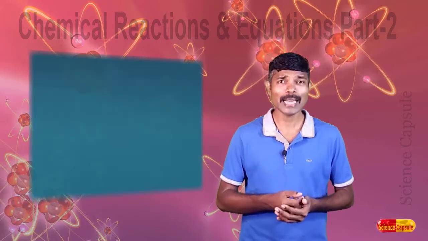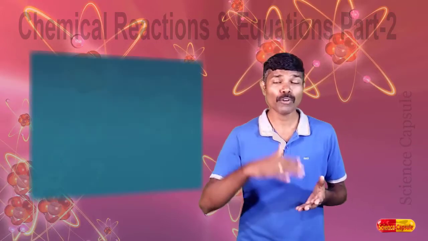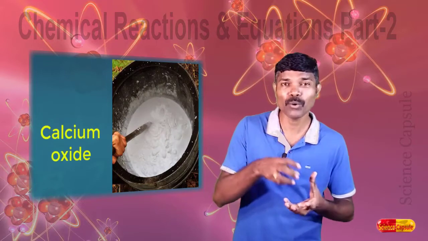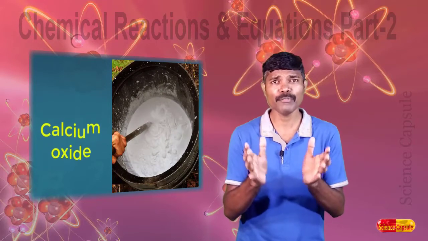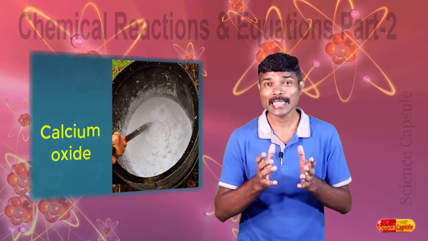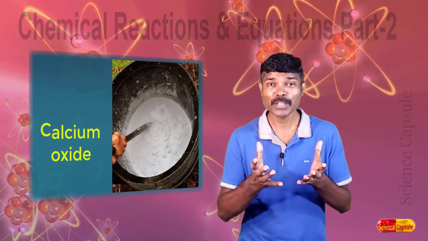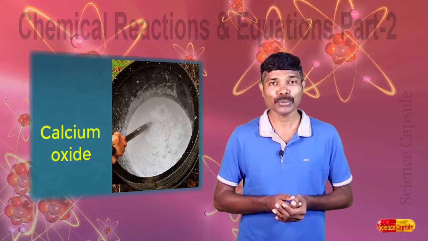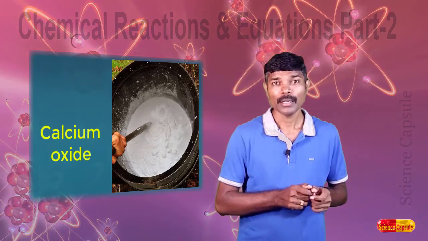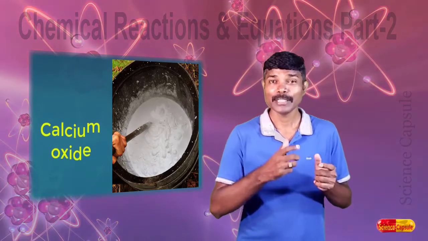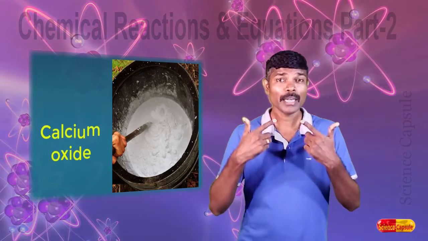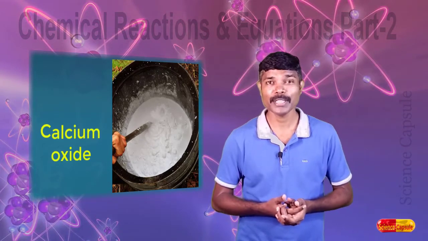For example, calcium oxide, which is used for whitewashing, is a chemical substance which, when mixed with water, if you touch the container, you will see the change in temperature. The mixture becomes hot. This shows that a chemical reaction is taking place. As a result, the temperature has increased.